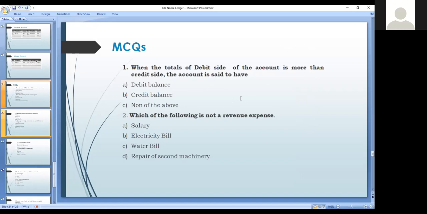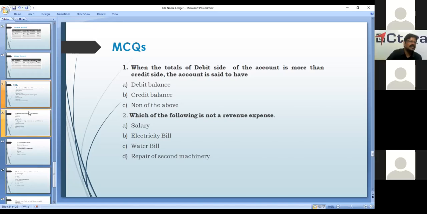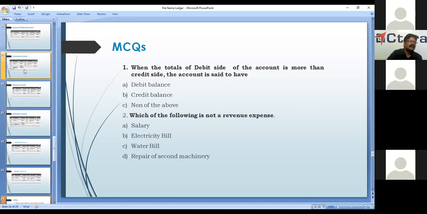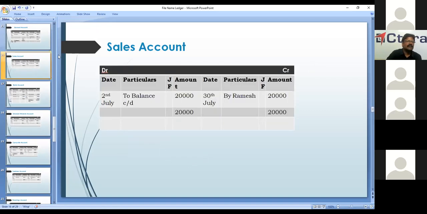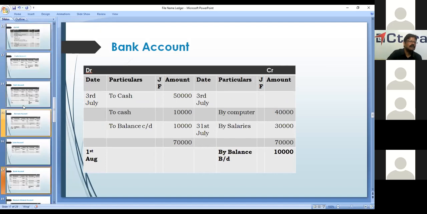Debit balance. Whichever side is higher, we take that as the balance.